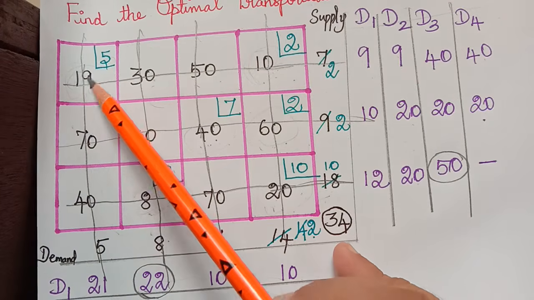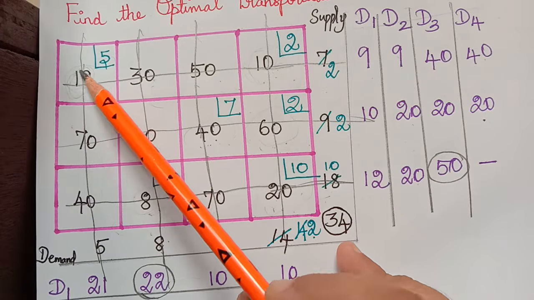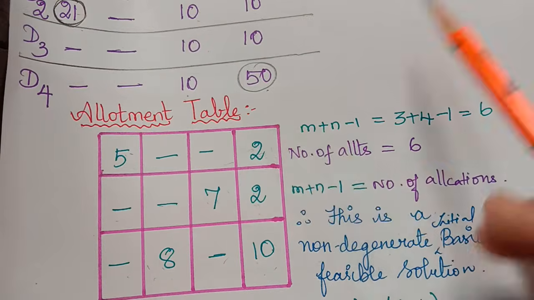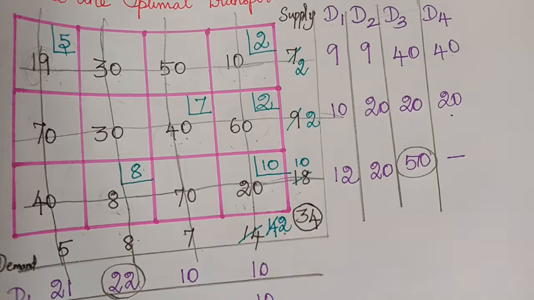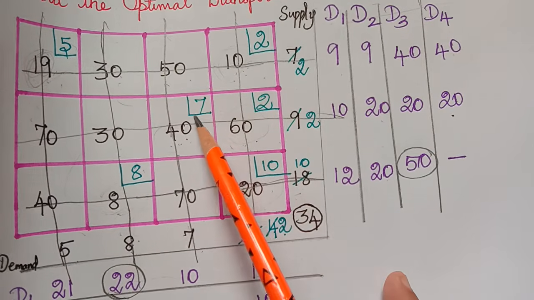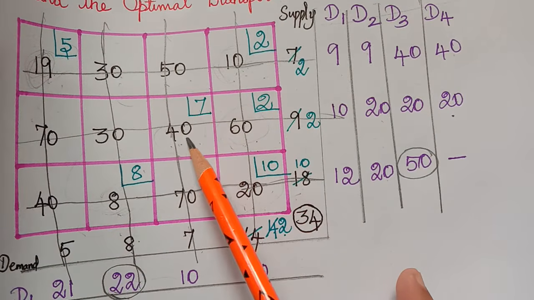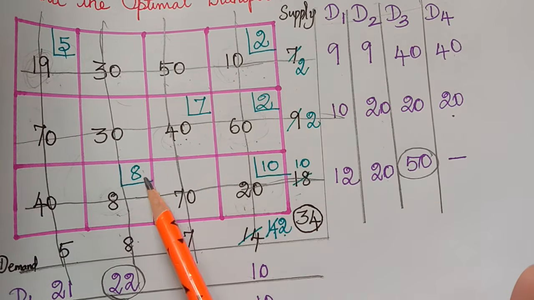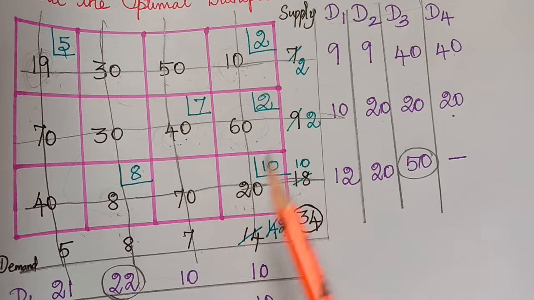It is 19, so 5 has to be replaced by 19. Similarly, in the next allocation, here we have 2, that has to be replaced by the original cell value 10, and for the next allocation 7, it has to be replaced by 40, 2 has to be replaced by 60, 8 by 8, and 10 by 20.